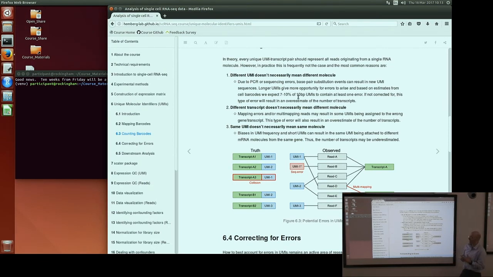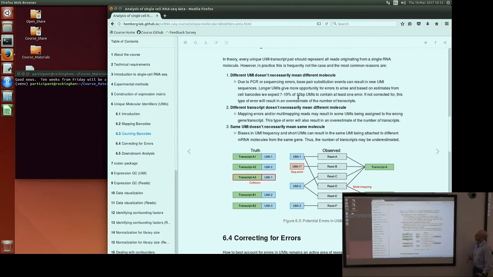So basically, 2 different molecules can end up with the same barcode or the same UMI. So that's problem number 1 here. Of course, that should be relatively easy to spot if you look at the rest of the sequence, because if they correspond to vastly different molecules, then you can assume that you have this scenario.